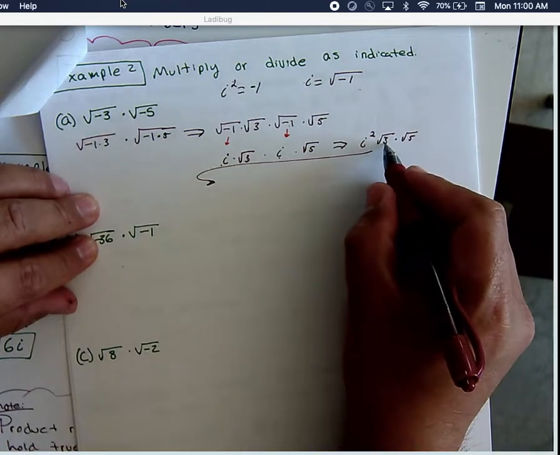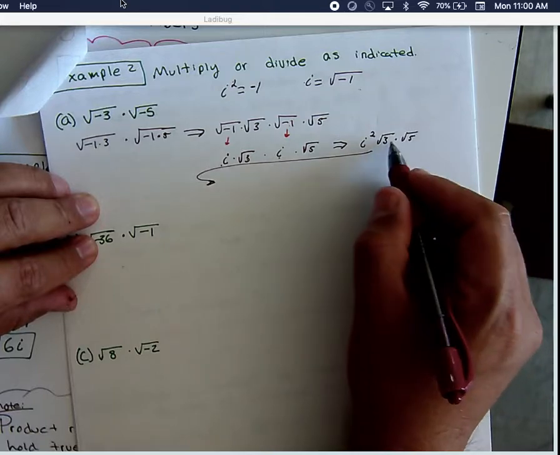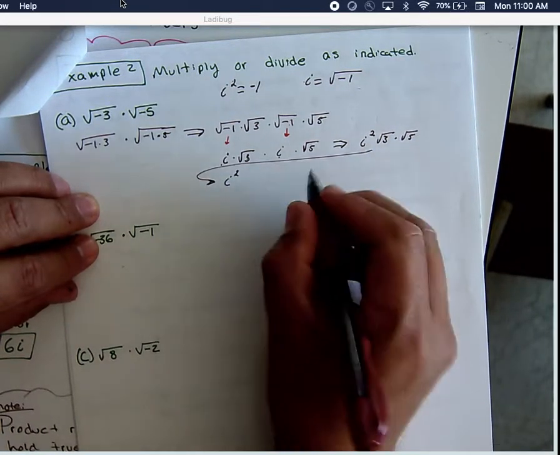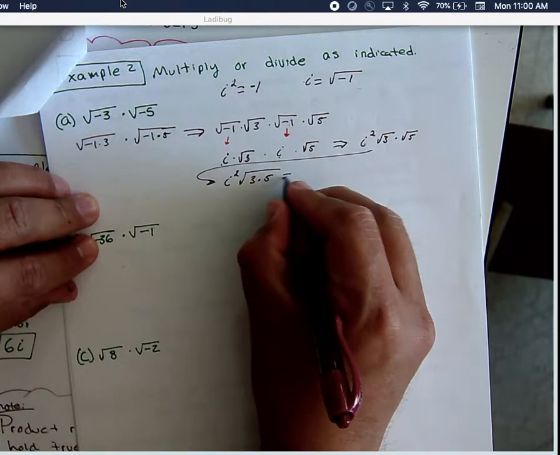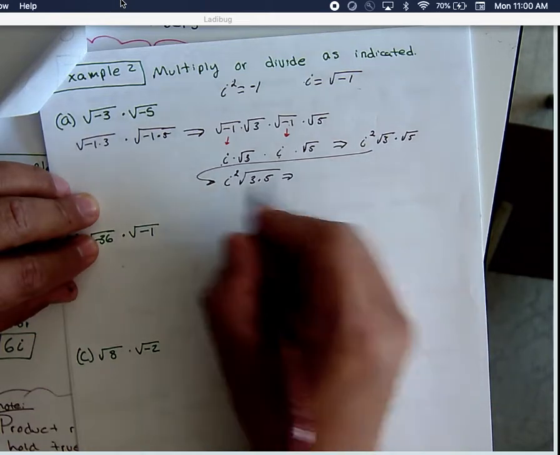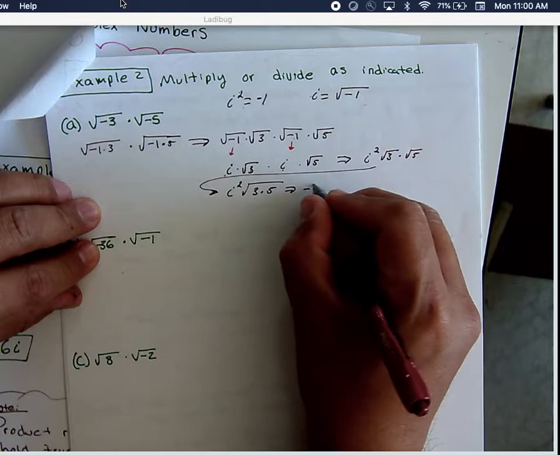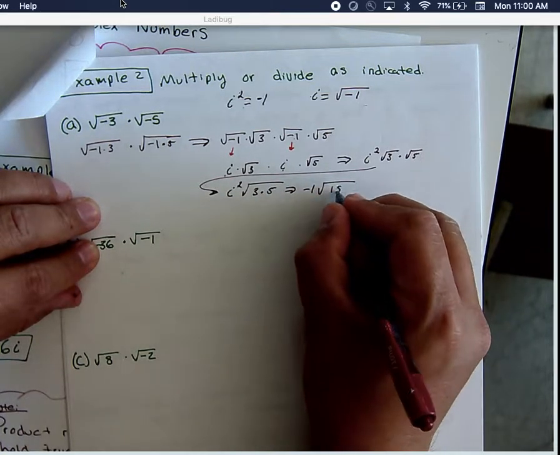Now since we don't have the negative anymore, you can apply the product rule for radicals. So you would have I squared times the square root of 3 times 5. Now I squared, what's I squared? Negative 1. So you would have a negative 1. 3 times 5 would be square root of 15.